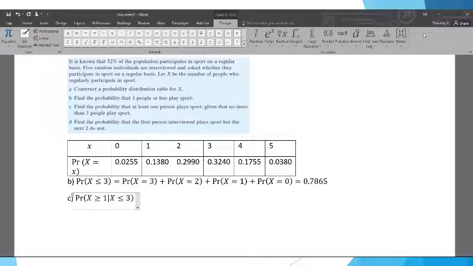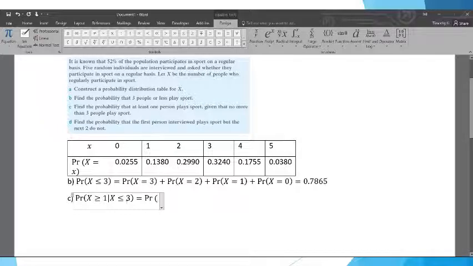So if you remember, we actually had to work this out in year 11. Remember, the probability of A given B is the probability of the intersection of A and B over the probability of B. So if you want greater than 1 but less than 3, given that no more than 3, 3 is still no more than 3.